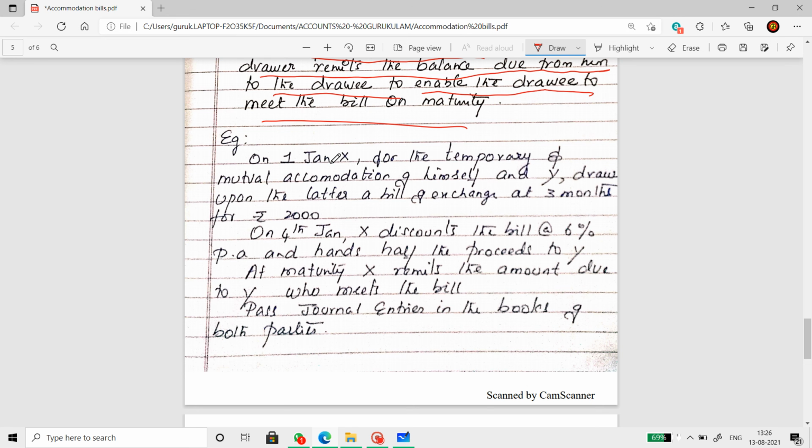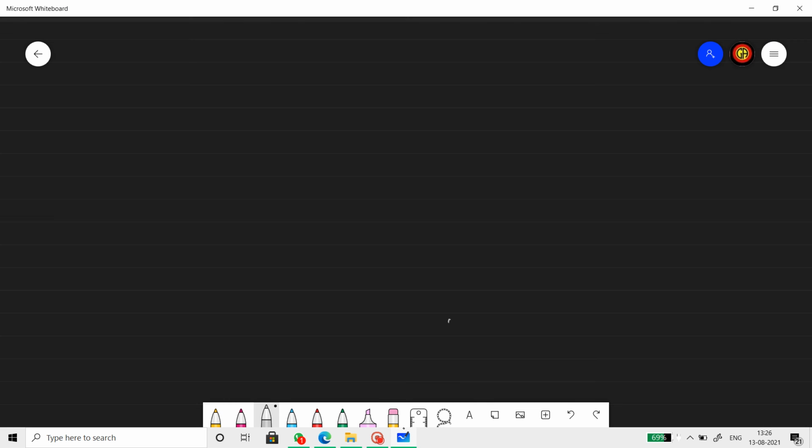So, X draws a bill and Y accepts the bill. On 4th January, X discounts the bill at 6% per annum and hands half the proceeds to Y. On maturity, X remits the amount due to Y, who meets the bill. Pass journal entry in the books of both the parties. Now, so this is an example for case 2.